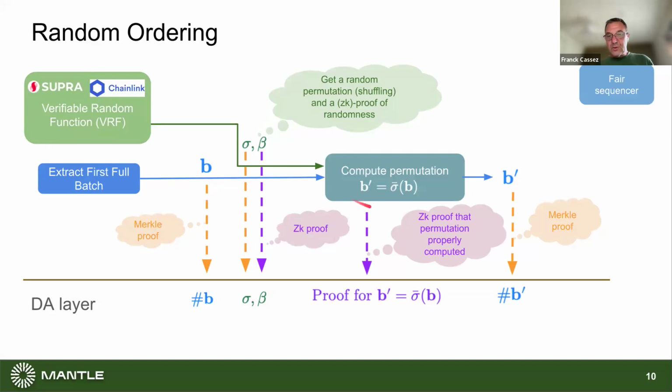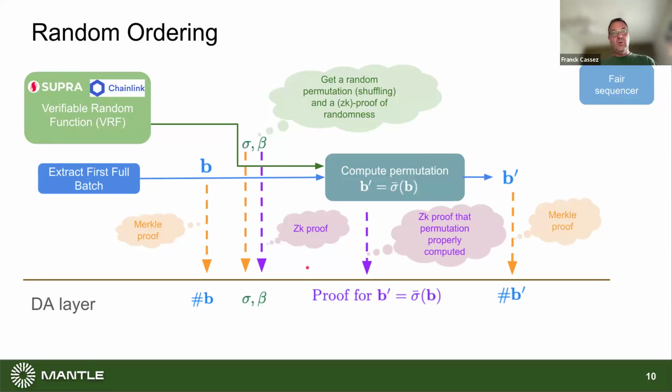And then we can also compute a proof that the permutation of the sequence of transactions, B to B prime, has been computed properly according to the random permutation. And we can also commit to the new batch B prime at the end. So everything can be committed to a data availability layer. So that's the main aspect to it.